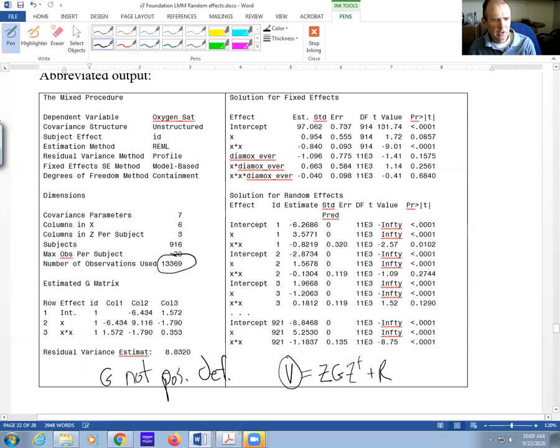And even if we're not able to estimate that variance for the intercept, we could still get a meaningful V matrix, and that's the most important thing. So I'd say here, usually not a deal breaker.